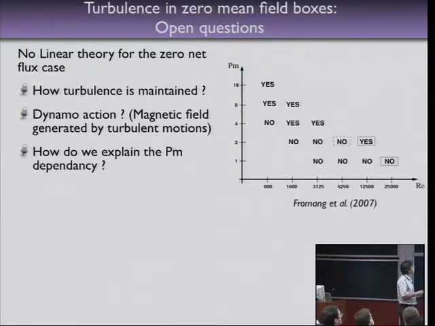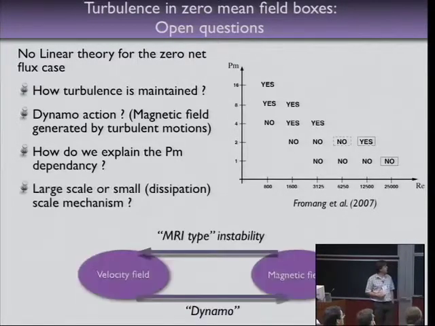This is a plot of the magnetic Prandtl number as a function of the Reynolds number, a yes meaning that you have turbulence, no meaning you have nothing. This is a plot from Fromang et al. in 2007. And more generally, the question is: is the process sustaining your turbulence a small or large-scale mechanism?